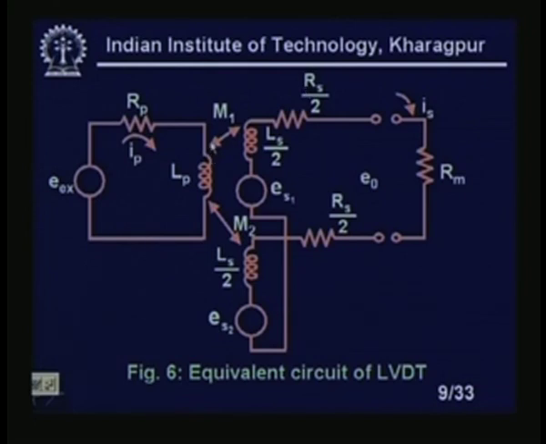M1 is the mutual inductance between the primary and one of the secondaries, and M2 is the mutual inductance between the primary and the other secondary. This is the output voltage ES1 and this is the output voltage ES2, voltage sources here, and this is RS2. For the time being we have not connected anything. So we are connecting an RM, a meter impedance, when a current is flowing through this circuit.